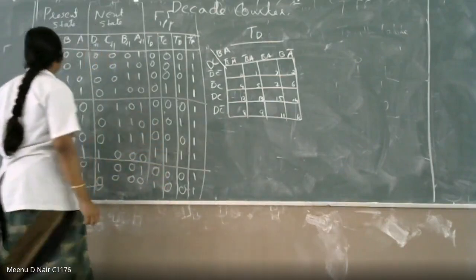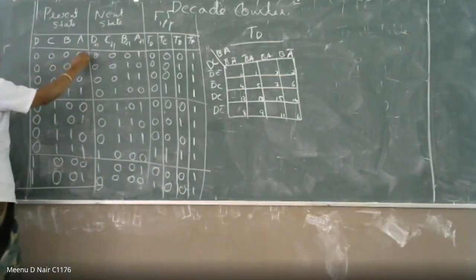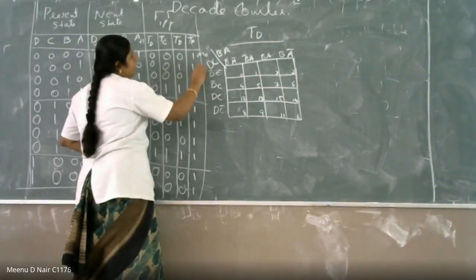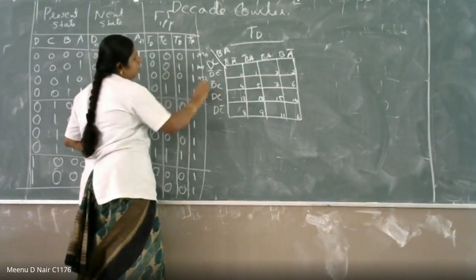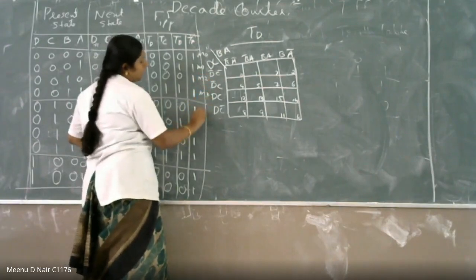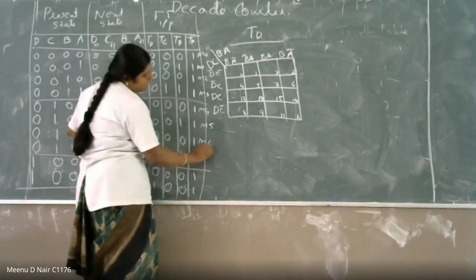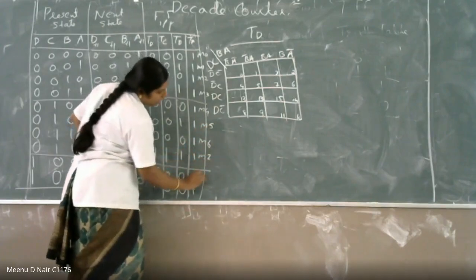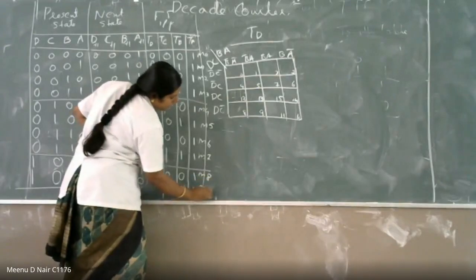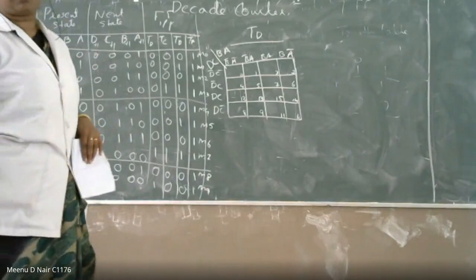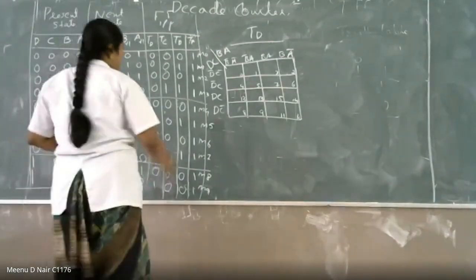Because this corresponds to M0, M1, M2, M3, M4, M5, M6, M7, M8, M9. Okay, only up to M9 we have. We don't have other numbers, so you can put don't cares for others.